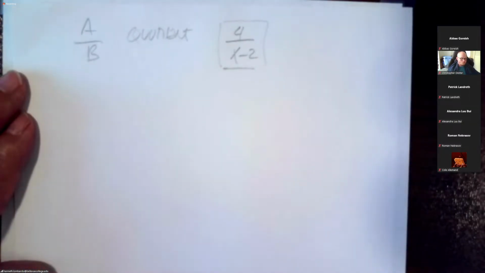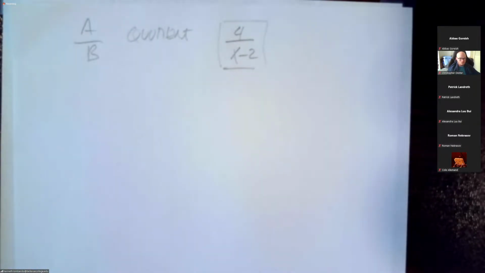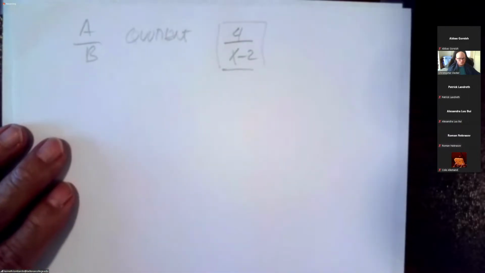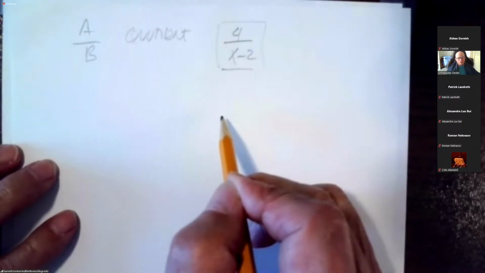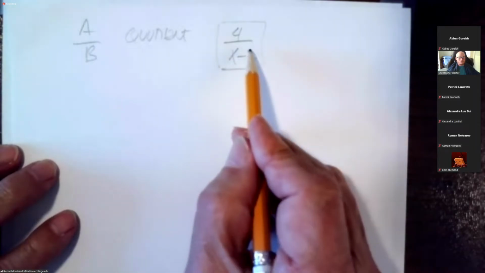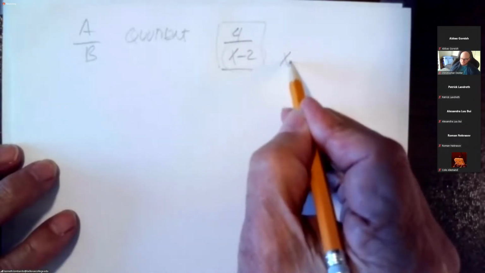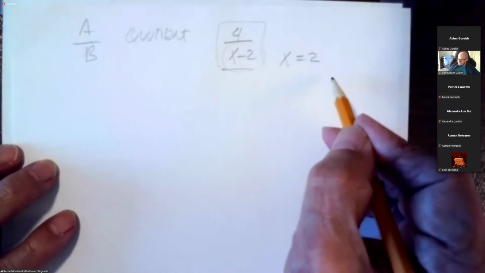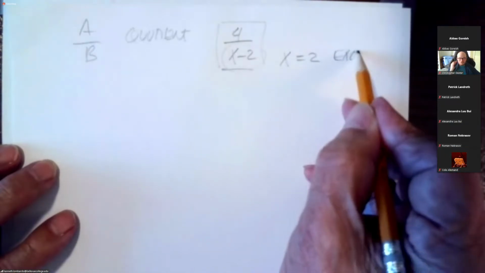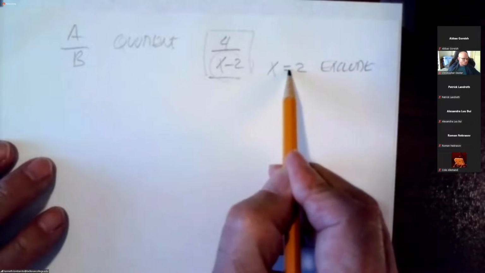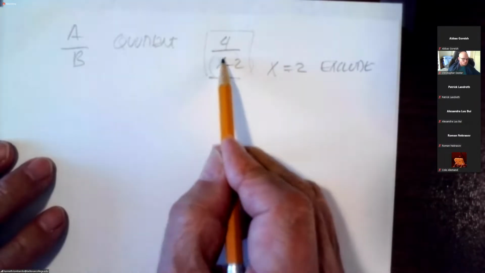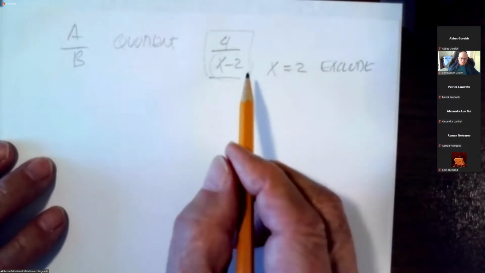Are there any values that you can see that would need to be excluded? And why would we need to exclude them? Well, 2 would need to be excluded because it causes us to divide by 0. So we cannot have x equal to 2, can we? We have to exclude the value x equals 2, because if x were 2, we'd have 2 minus 2, which is 0, and we can't divide by 0.